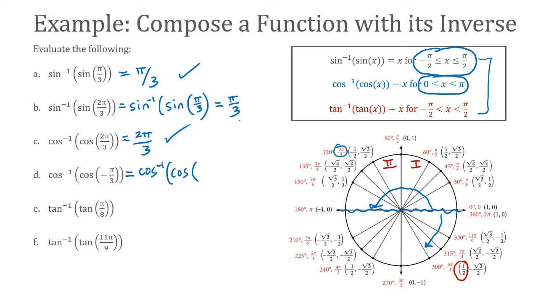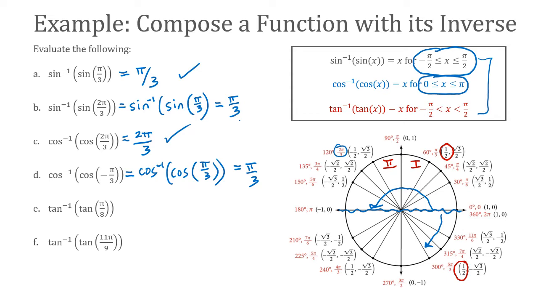So if I look up in quadrant 1 or 2, I can see that I have a cosine equal to 1/2 when the angle is pi over 3. So I'm going to rewrite cosine inverse of the cosine of negative pi over 3 as cosine inverse of the cosine of positive pi over 3. And now I can say that that answer is pi over 3.